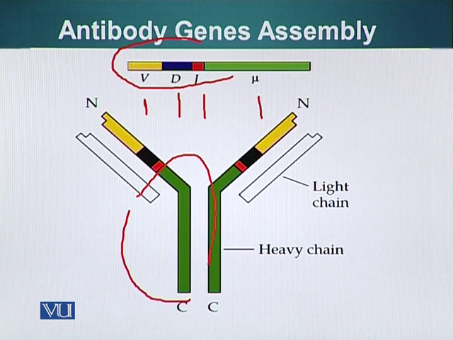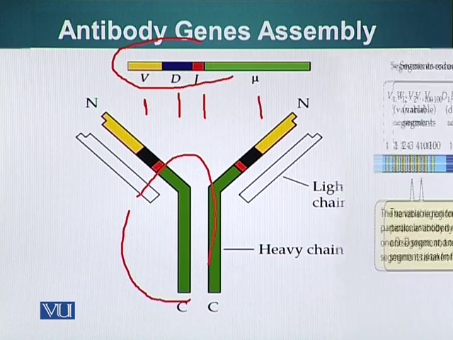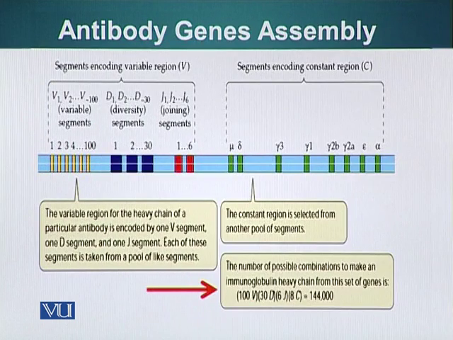So the way it works is that our genes that code antibodies are fragmented and there's a pool of these genes, and our B cells randomly select certain segments and join them together. For example, here for our V region, there are 100 different segments.